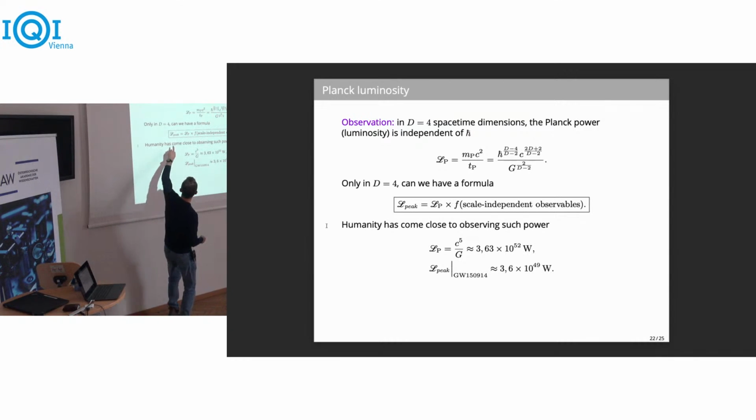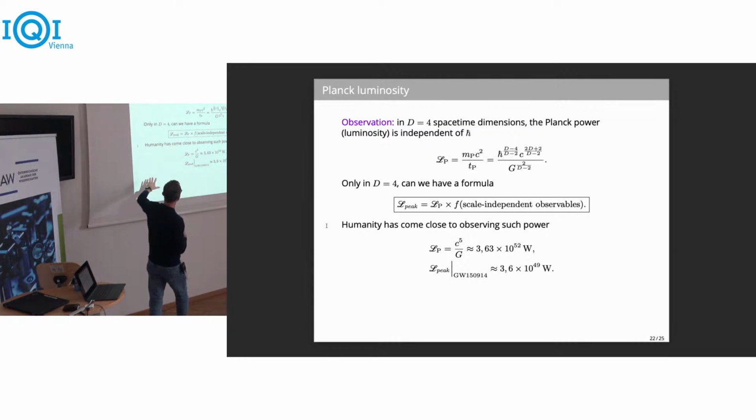So it is no surprise, therefore, that in 4 space-time dimensions, the peak luminosity will be of the order of the Planck power. In fact, when we observe the emission of gravitational waves, we are 3 orders of magnitude below the Planck power. So these are the most luminous events that we know of.